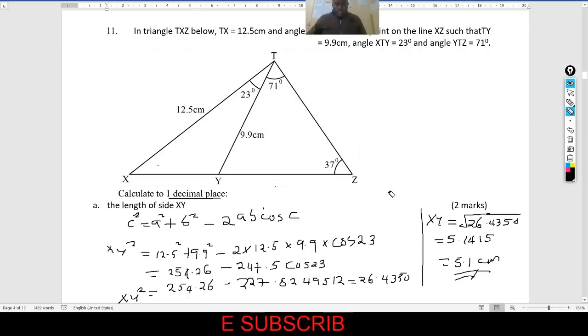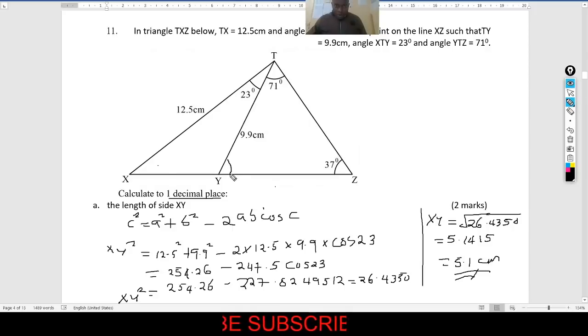Next is part B. If you are asked to find the length of TZ, I have this angle and this angle, so I use the sine rule.